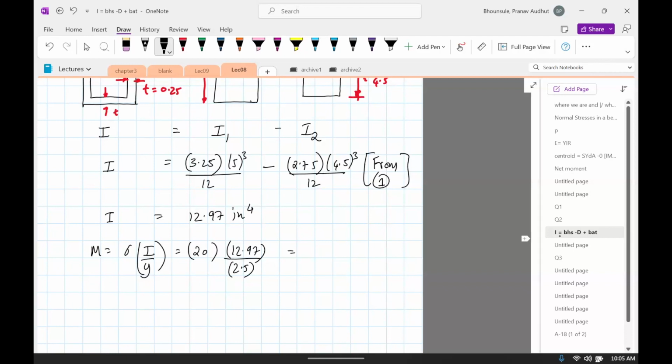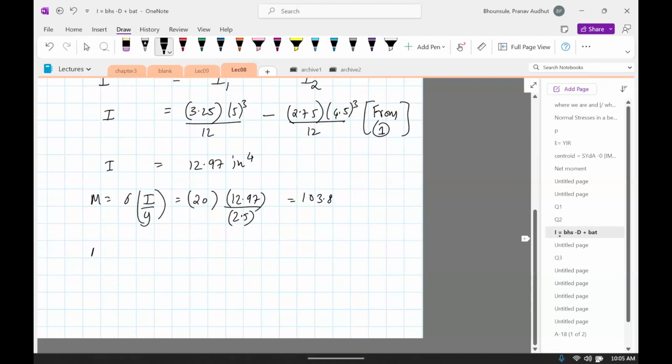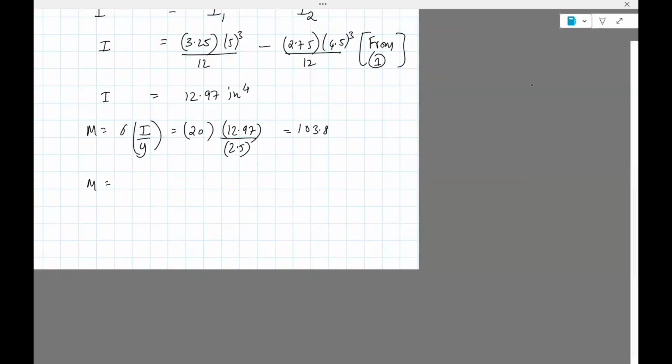So that comes out to be 103.8 inch. So that's part one.